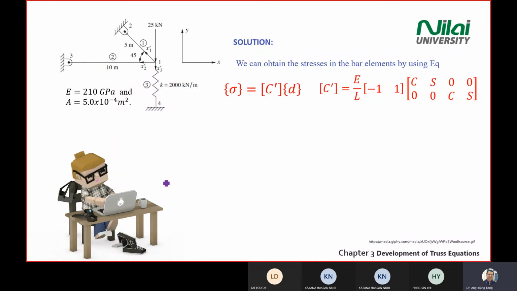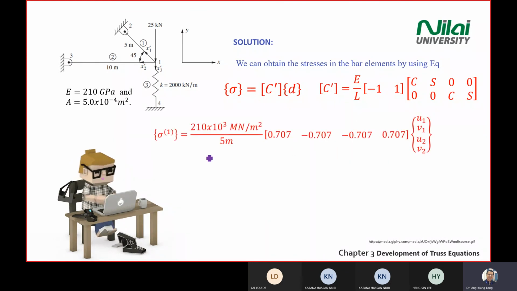Then for the stress, again, call back the equation for stress. Stress equal to C prime D. If the detail is in the previous slides, go back to the previous slides if you don't understand this one. So C prime equal to this whole equation here. So you find the stress inside element 1.